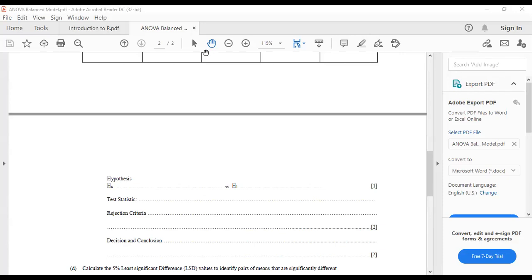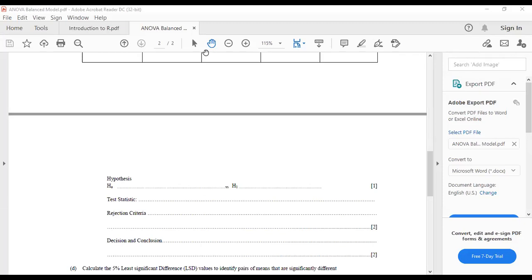We get this from the statistical table. In this case, it's 3.89. So F at 0.05, we look at 2, the numerator, and 12, is 3.89, correct?